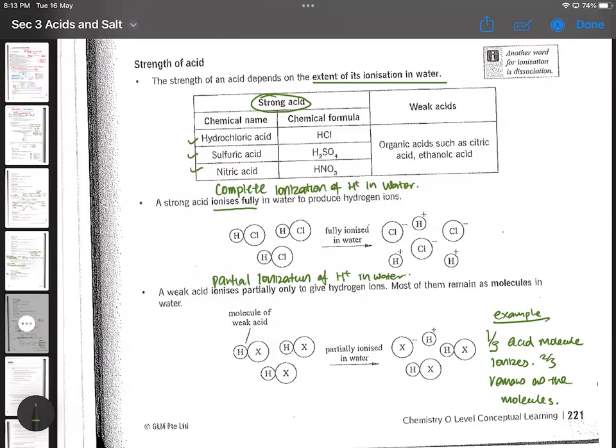Generally, when you undergo complete ionization, you are likely to have a high concentration of H plus ions because there's a complete ionization in water. Whereas for a weak acid, it's likely to have a low concentration of H plus ions.